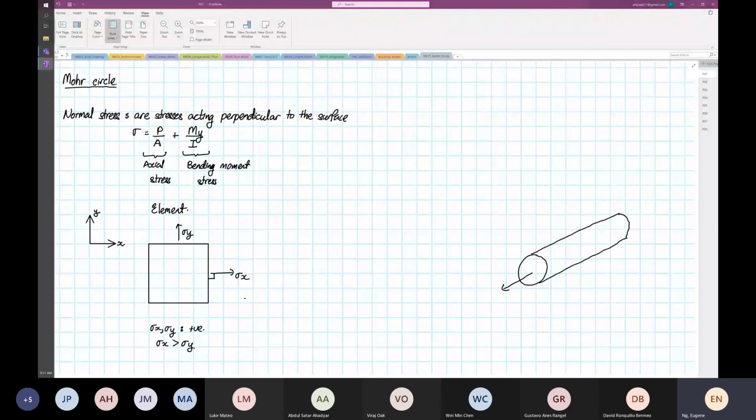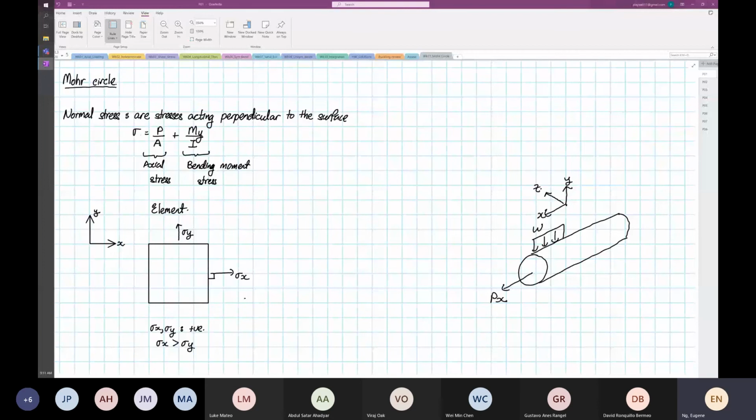This is, for example, my Px. If I draw our transformation, this is x, y, and that would be our z. And then it's carrying some distributed load.